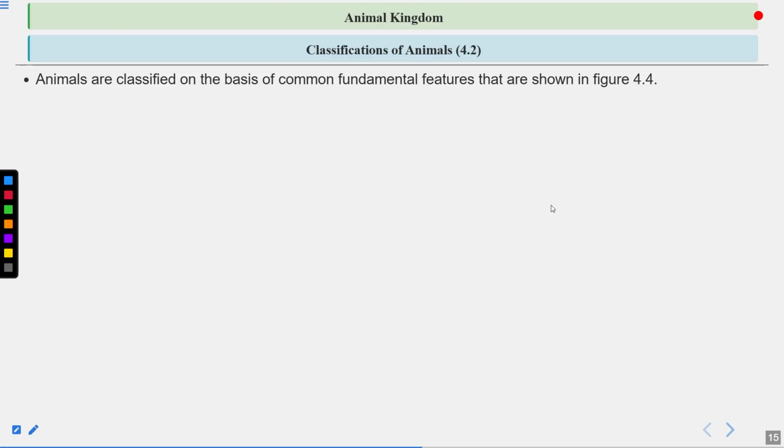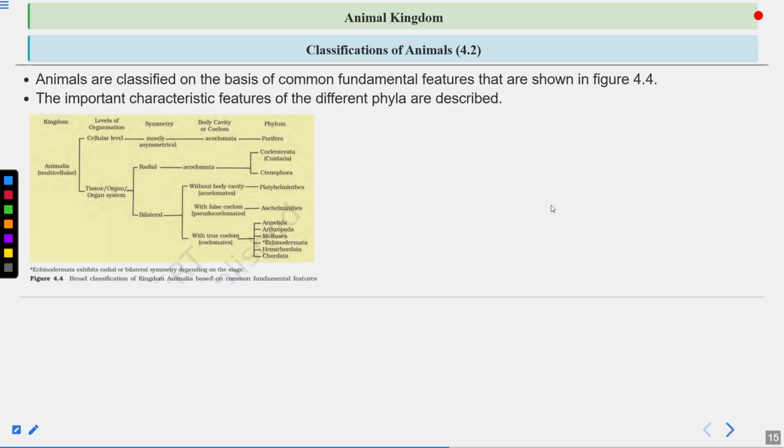Now, animals are classified on the basis of some common fundamental features that are shown in the figure, and the important characteristic features of the different phyla are described. So here you can see Figure 4.4 in NCERT. What fundamental features have we studied so far?